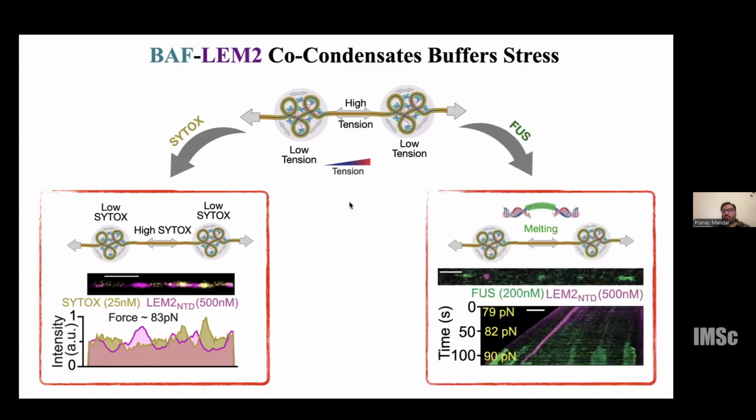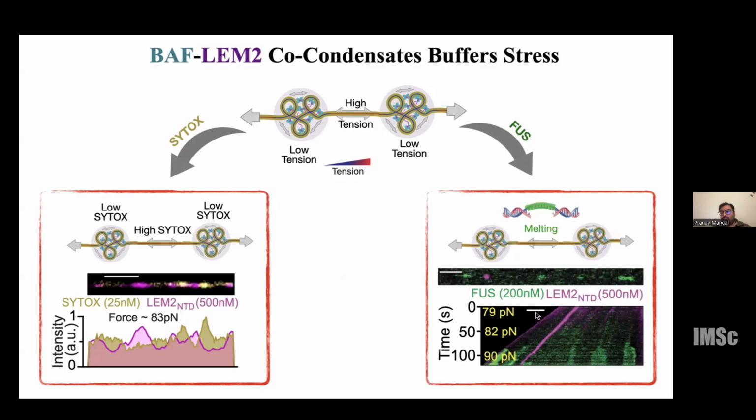Then we wanted to check that if melting is happening, it should happen outside the co-condensates. We checked this with a protein called FUS. FUS is a single-stranded DNA binding protein that can only bind if there is any melting.